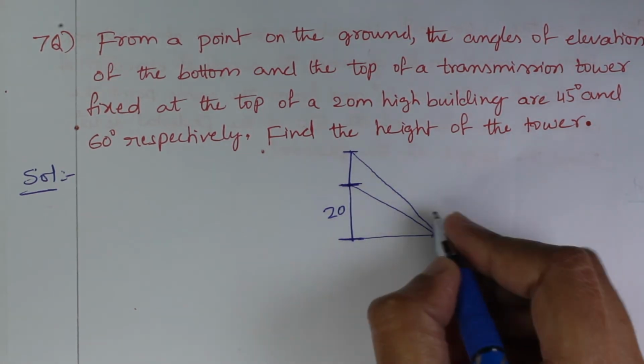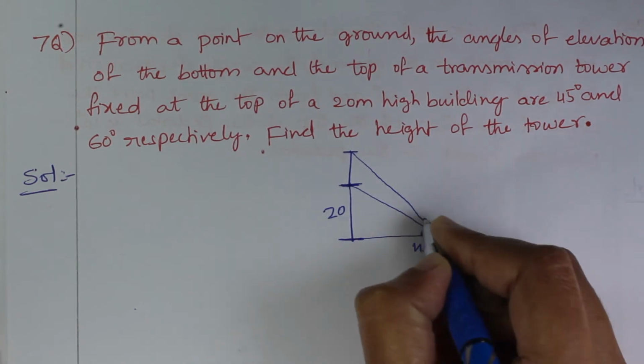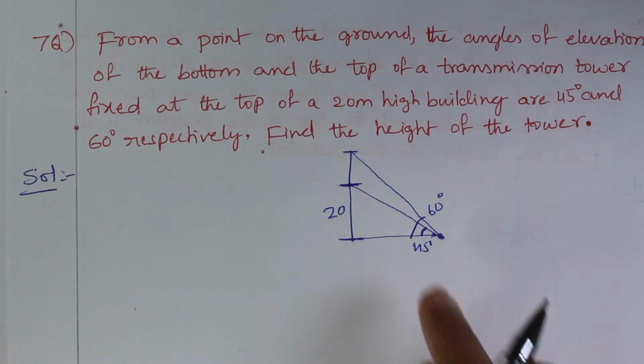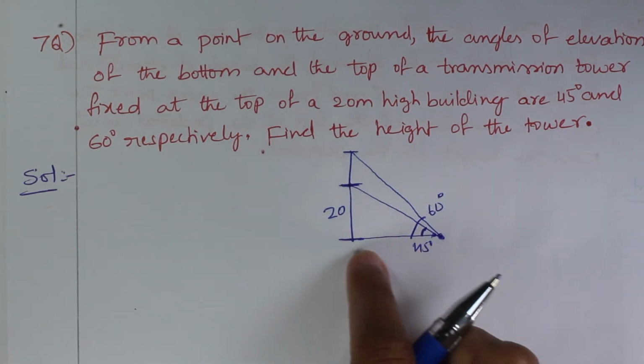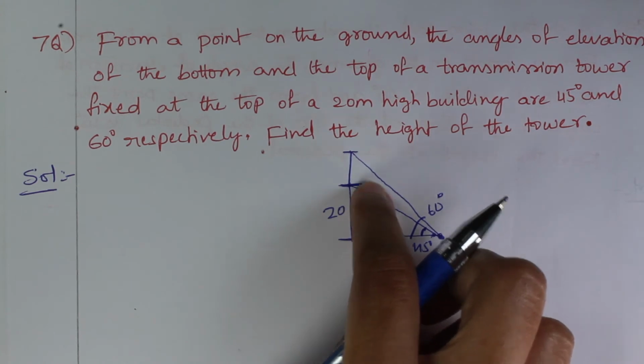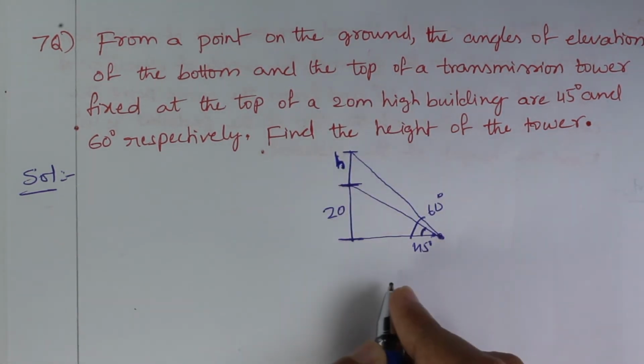Okay, this is 45 degrees and this is 60 degrees. Hope this figure is clear for you. Now we have to find out the height of the transmission tower. Let us assume the height of the transmission tower to be h.